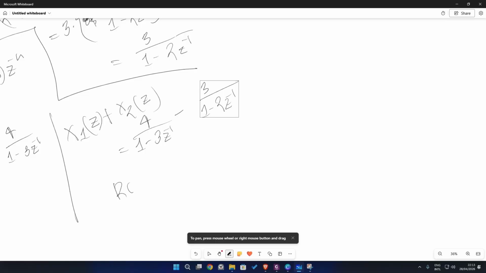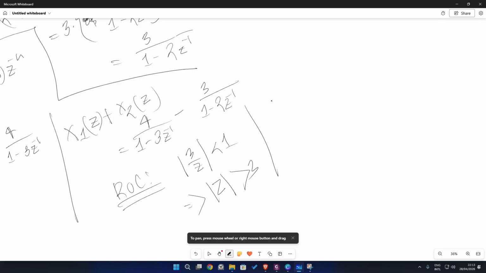Now we have to find out the ROC. If we take the common part 3 by z, the first common part, it will be less than 1. So z will be greater than 3. For the second part, 2 by z less than 1, so it will be z greater than 2.